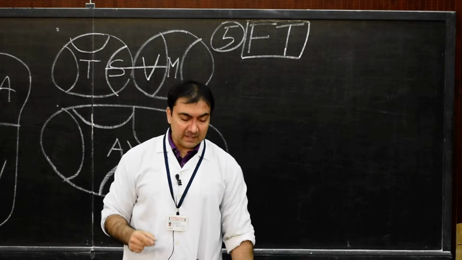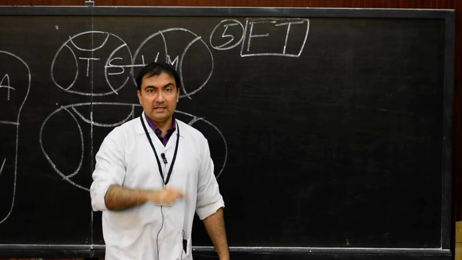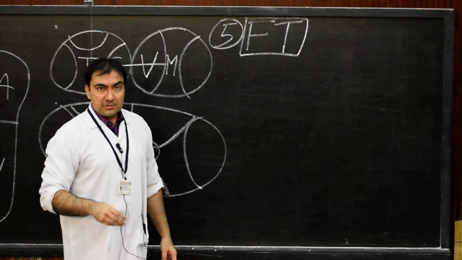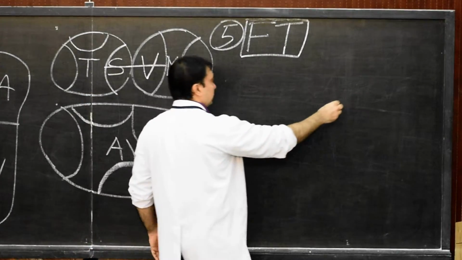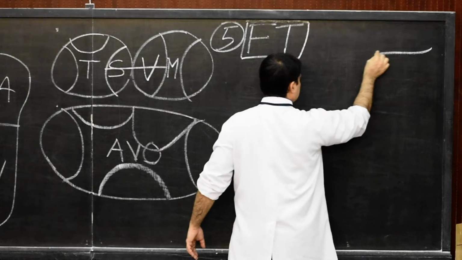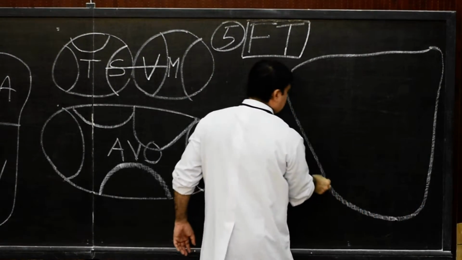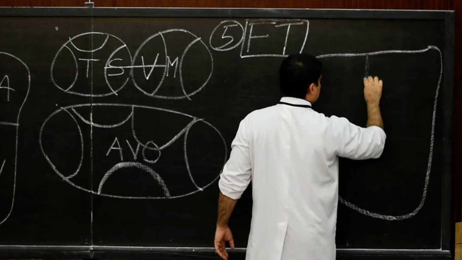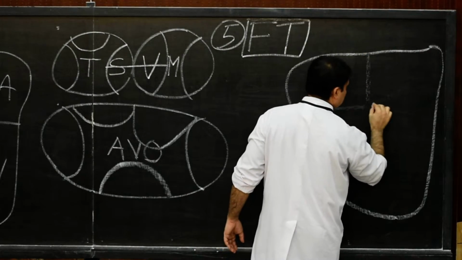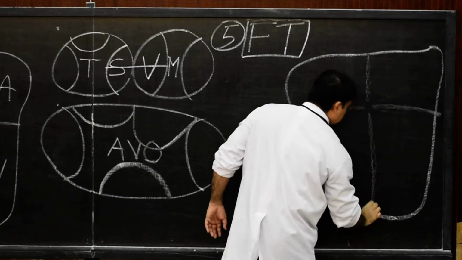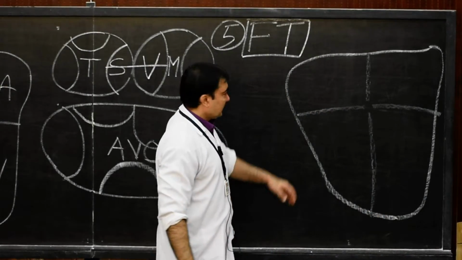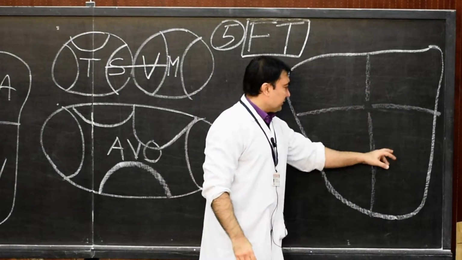Fallot's tetralogy, F-A-L-L-O-T-S. What is Fallot's tetralogy? We explain with the help of a diagram. Now if we consider this entire diagram, these are the various openings, these are the various chambers, right and left atria, right and left ventricle.